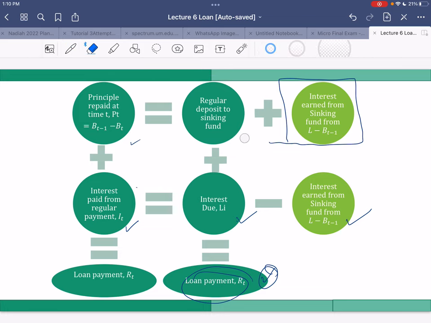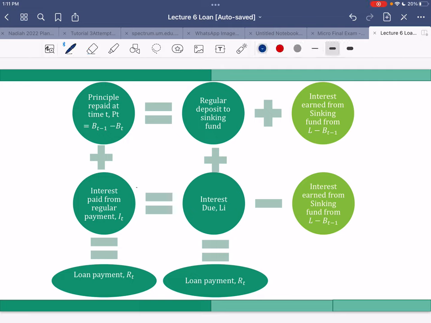So this is the relationship. You can look at it closely, and you will understand when you do the sinking fund loan amortization later. You will mainly use this relationship to find I_t, B_t, and P_t.